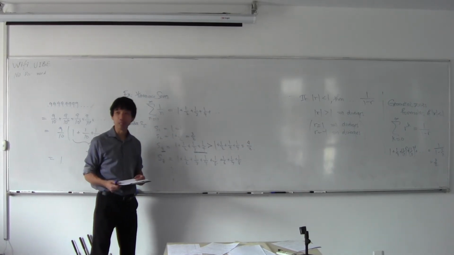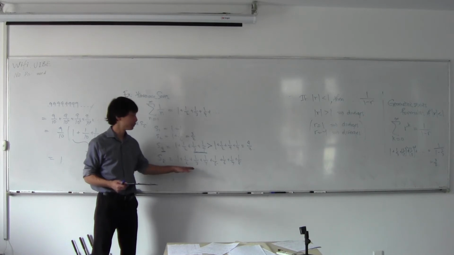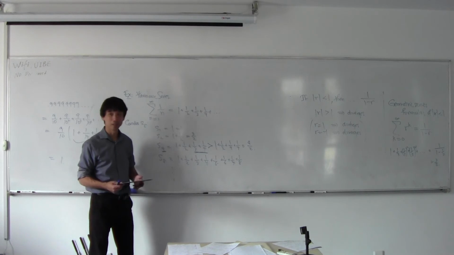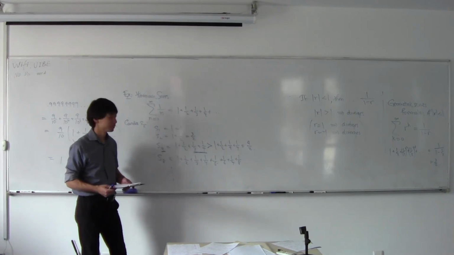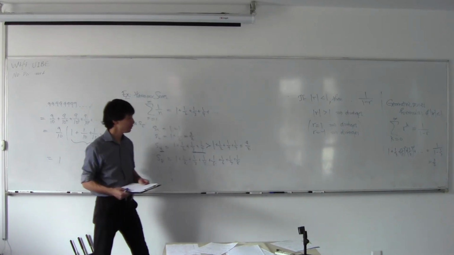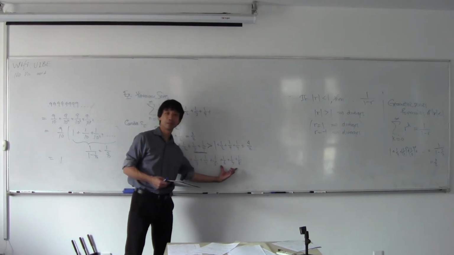What am I going to say next? What happens next? This is going to be bigger than what? Anyone see the pattern? What am I going to do with these last 4 guys?